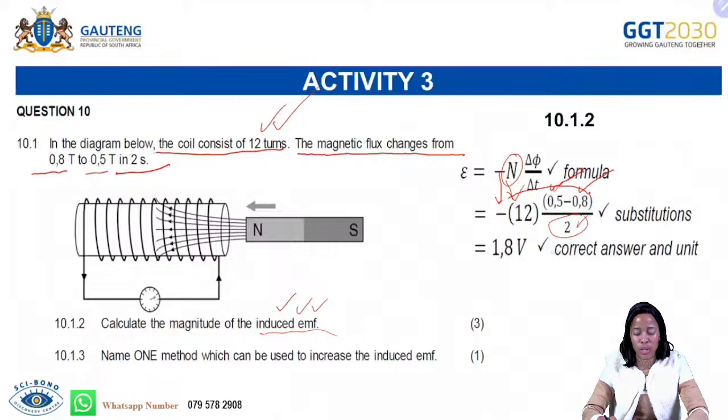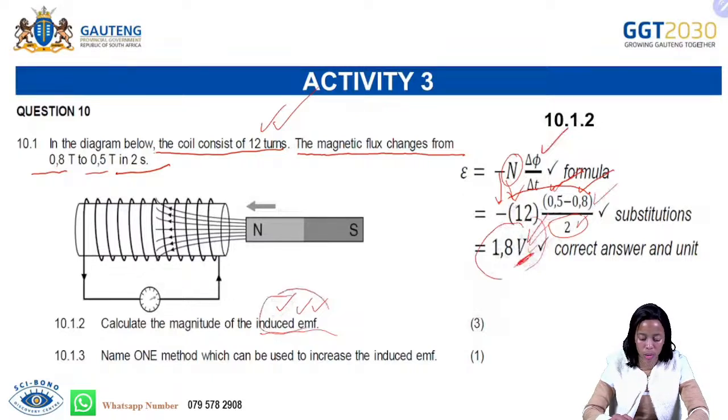The question is out of 3 marks there. So that means we get 1 mark for the formula, 1 mark for the substitution, and 1 mark for the correct answer. And that correct answer also needs to have the correct SI unit. Because we are calculating the induced EMF, the unit is volts.